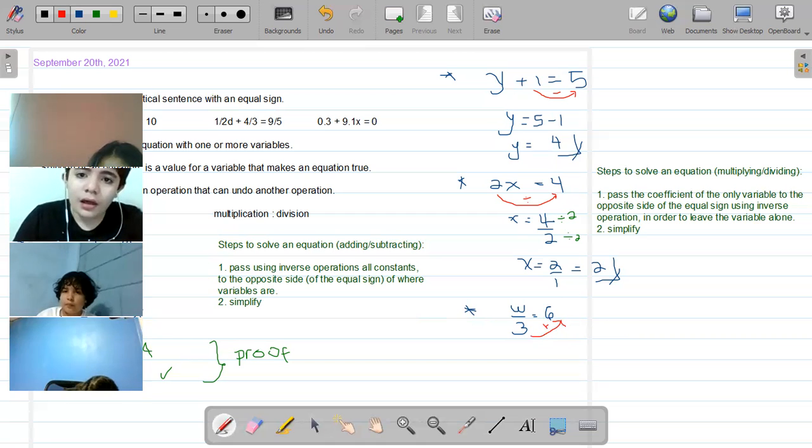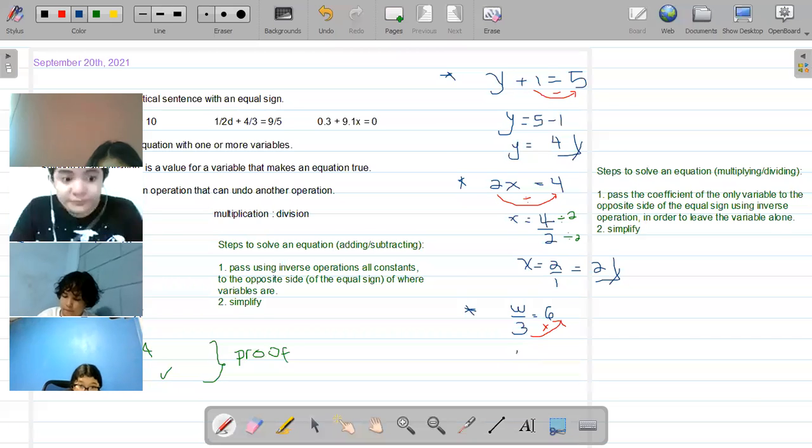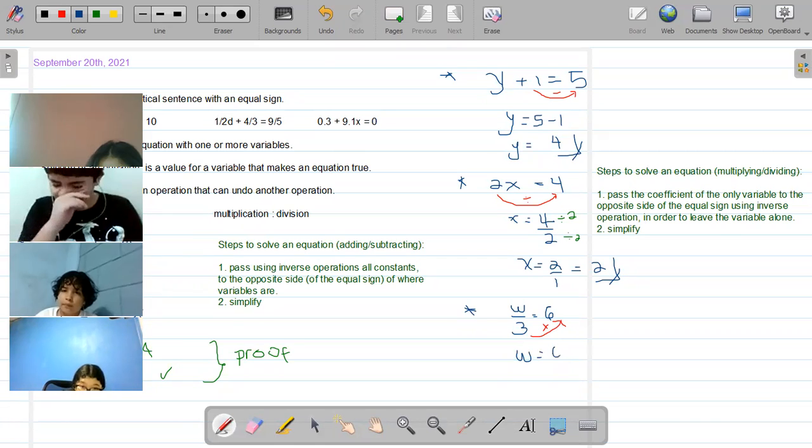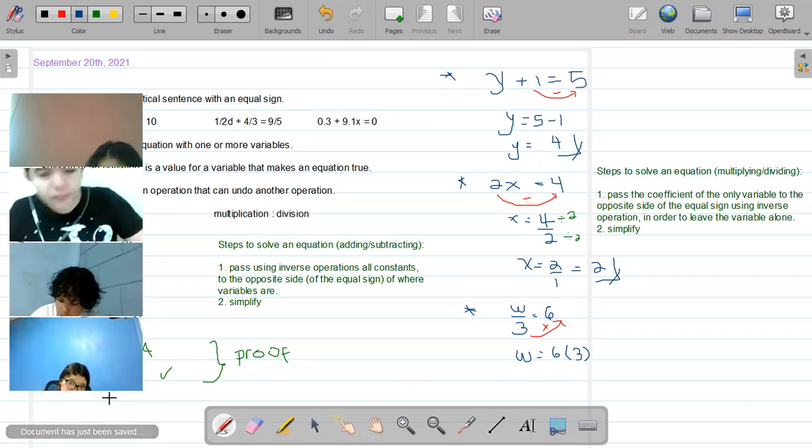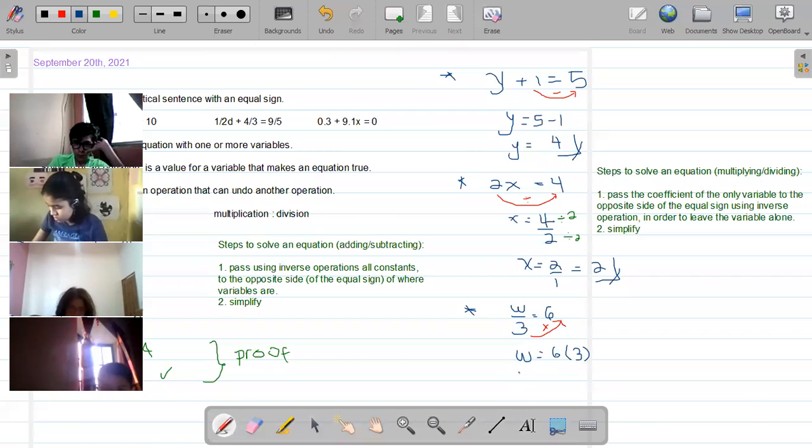Multiplying, correct. So this is the only way that I'm going to use the x as a multiplication, because that's how I'm going to remember that it's a multiplication. So W is equal to the 6 that I have already there, and I'm going to multiply it times 3. And how much is 6 times 3?